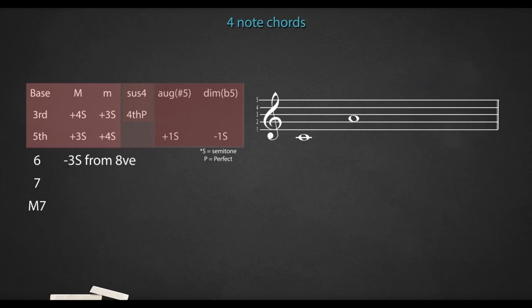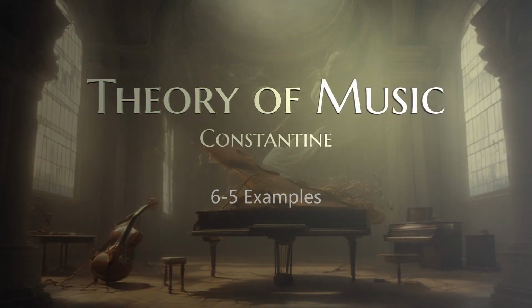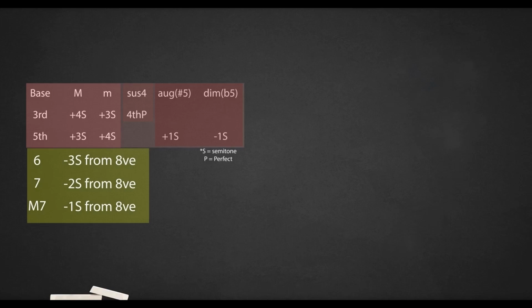For the symbol 7 and major 7, the C B interval, first and seventh of the scale, as we know, is a major 7. So, for the symbol M7, we go down a semitone from the octave, while for the minor 7, we go down 2 semitones from the octave.